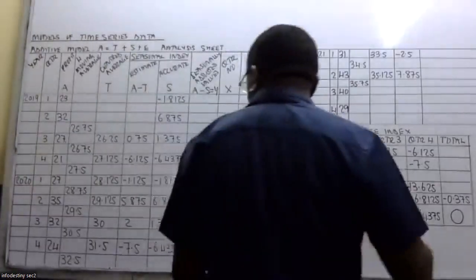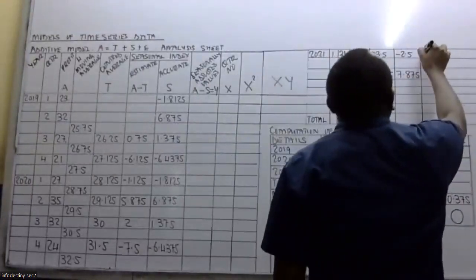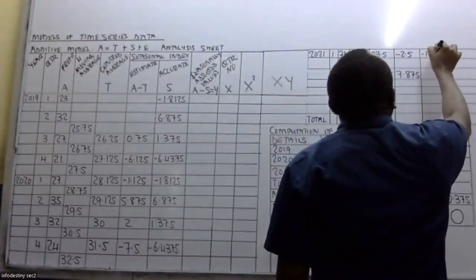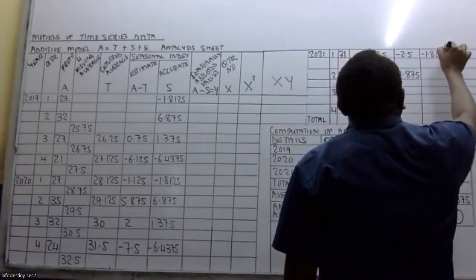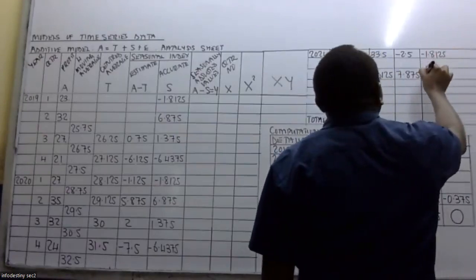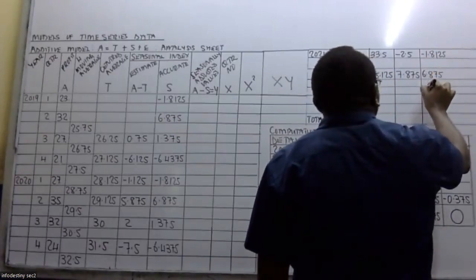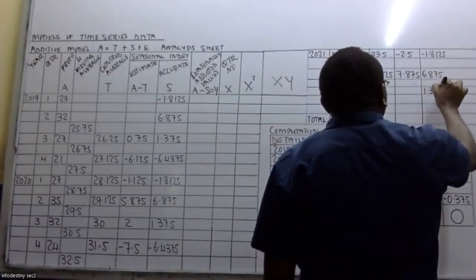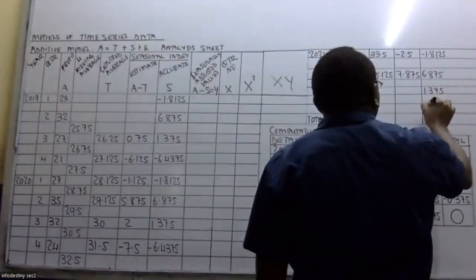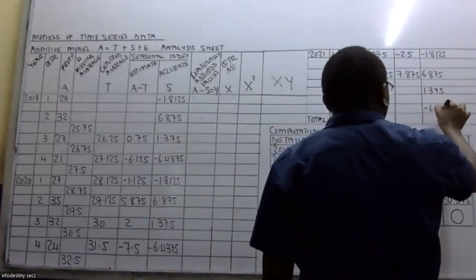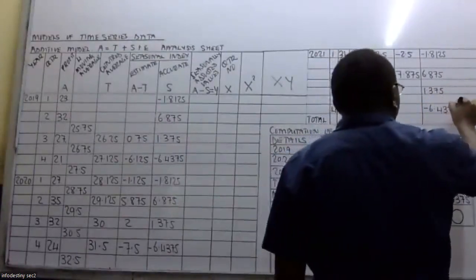The next one is quarter 1, minus 1.8125, 6.875, 1.375, negative 6.4375.